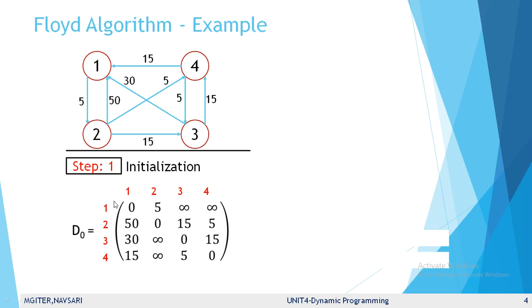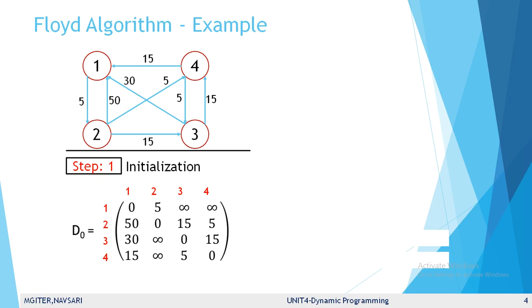Here we understand the Floyd algorithm, that is all pair shortest path, which is similar to the single source shortest path. Single source means we find the shortest path from only one source vertex, but all pair shortest path means we find the shortest distance using all pairs of vertices.